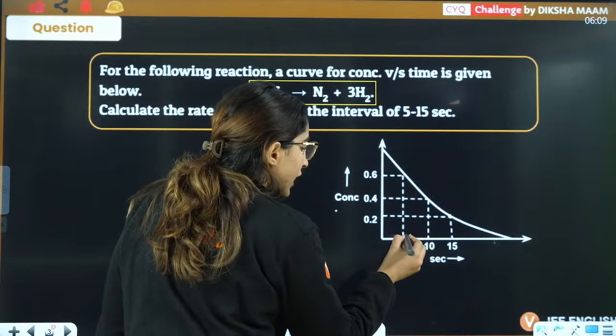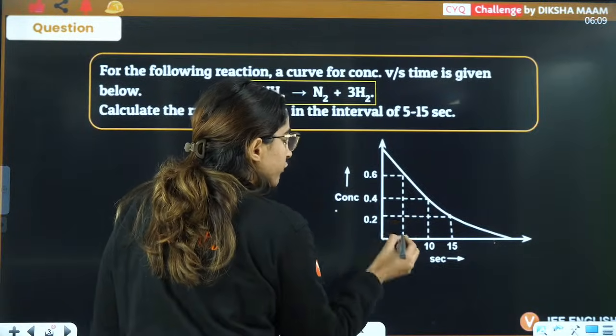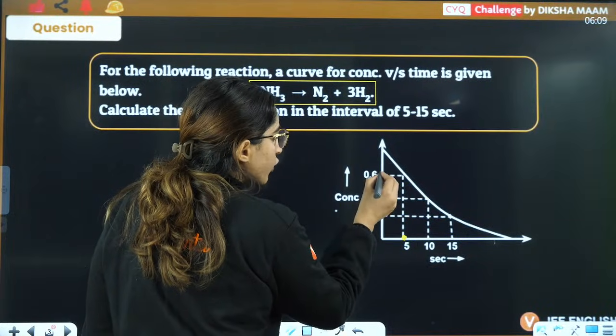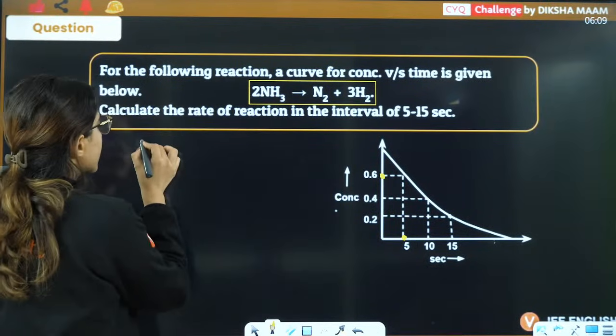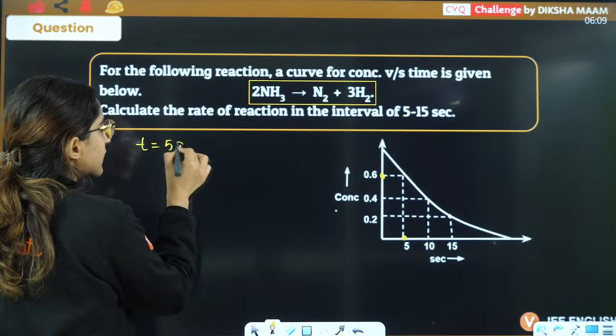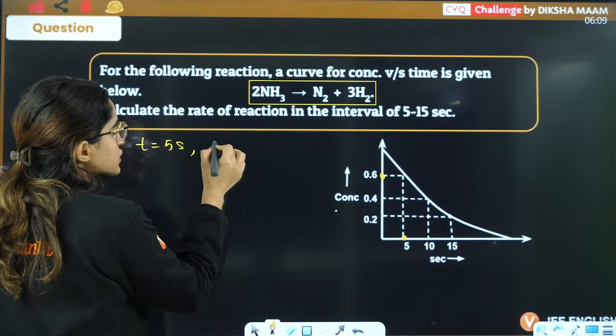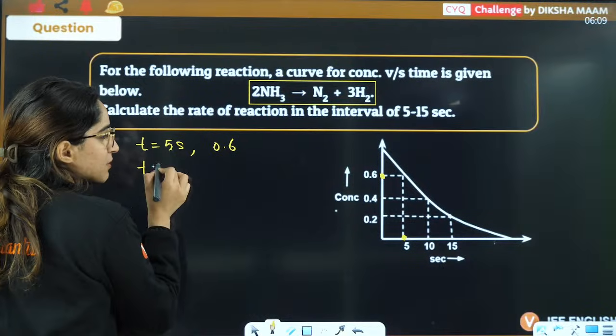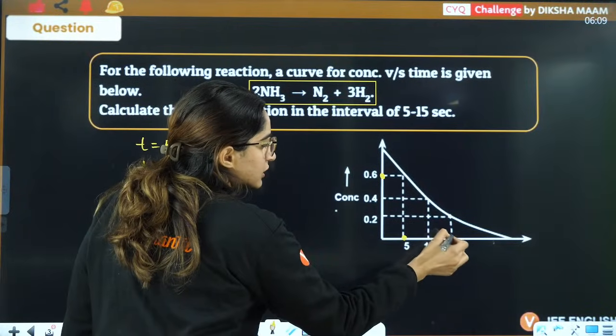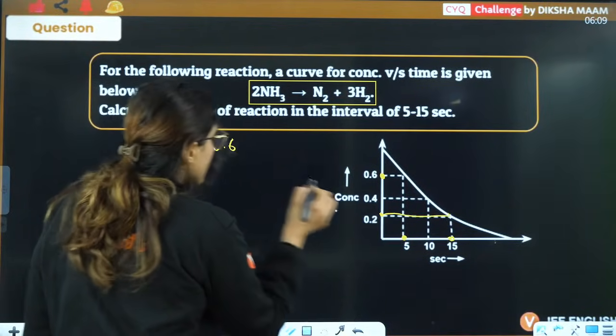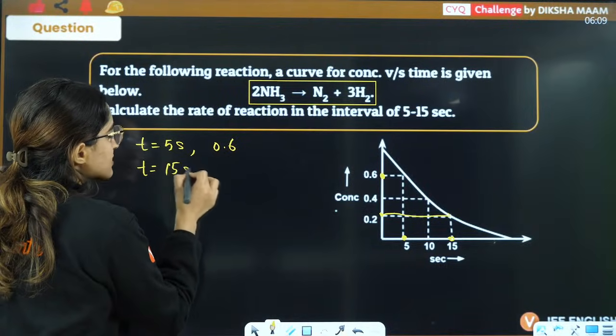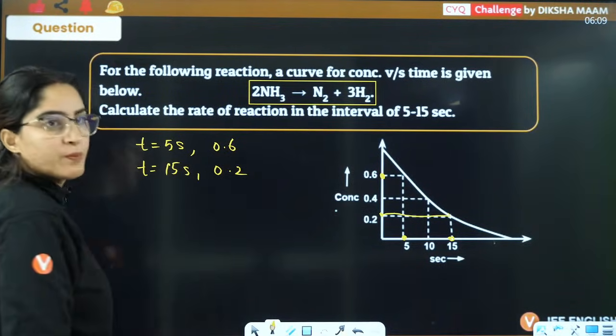For time equals 5 seconds, the concentration is 0.6. For time equals 15 seconds, the concentration is 0.2.